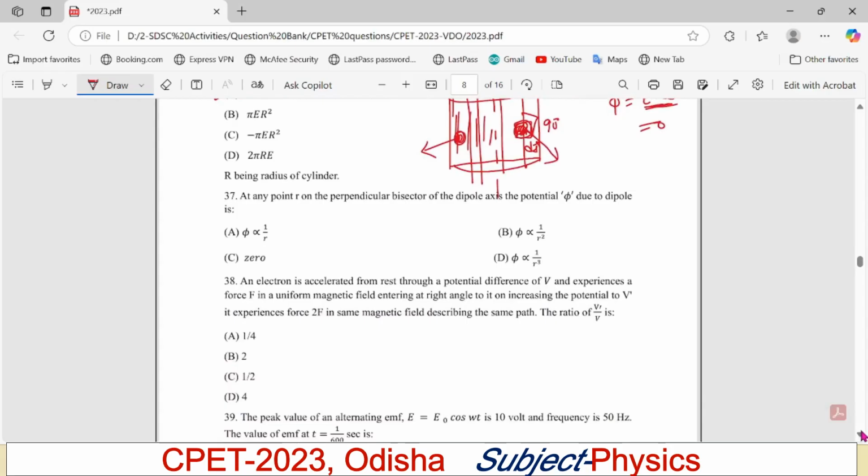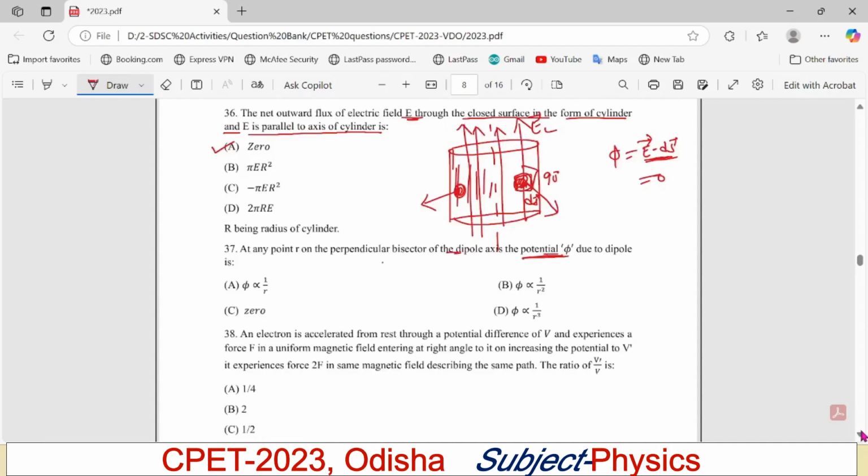Next question: at any point r on the perpendicular bisector of the dipole axis, the potential phi due to the dipole is what? Four options are given. A dipole means two charges of different polarity separated by a distance. Consider the perpendicular bisector, which is this one.